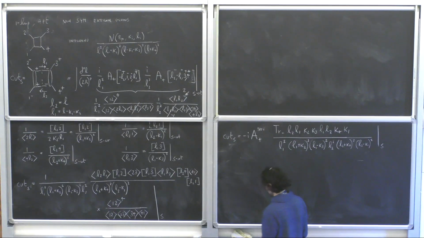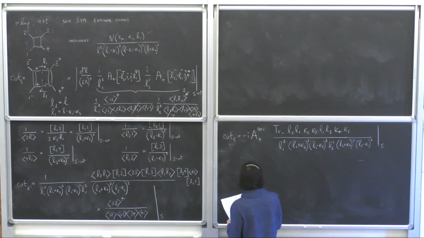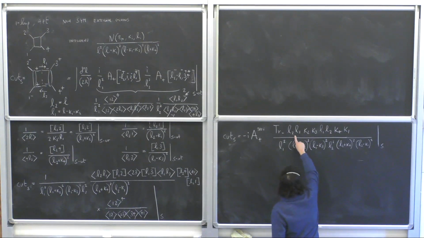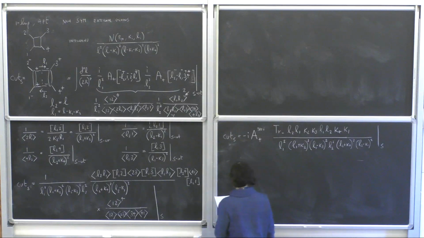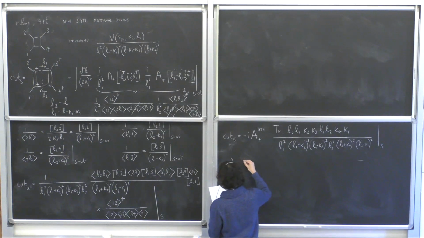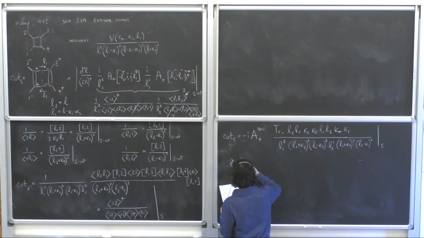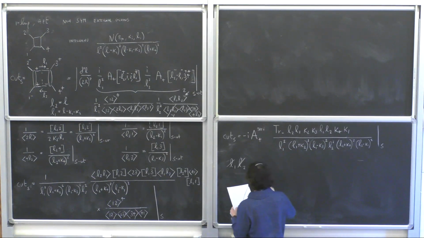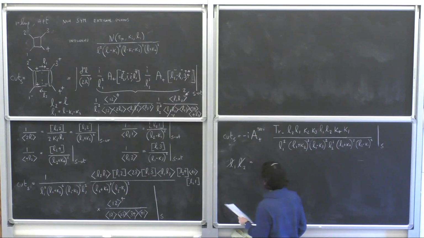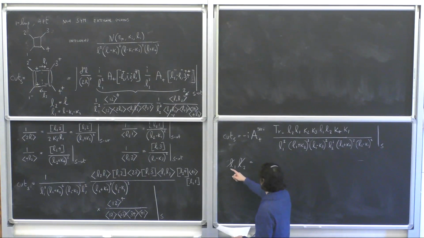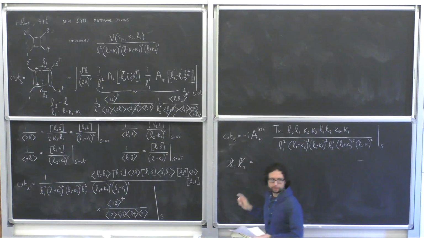One thing I would like to note at this point is that we have a lot of loop momenta in the numerator in this trace, but given the fact that these L's are consecutive to each other, it's easy to note the following thing: on the cut, using the cut conditions, L1 and L2 are not independent.